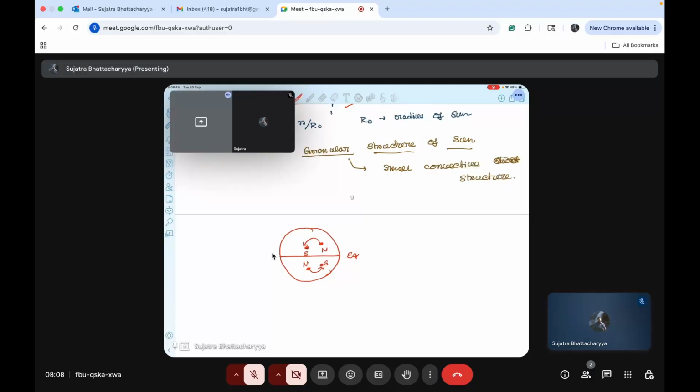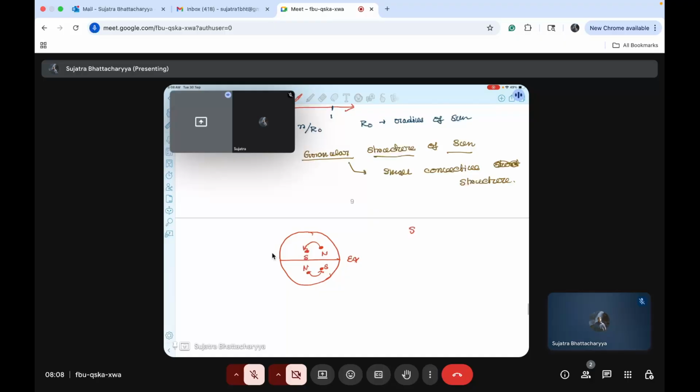In the case of sunspots, the magnetic field is stronger. This has, as we have discussed, low temperature.